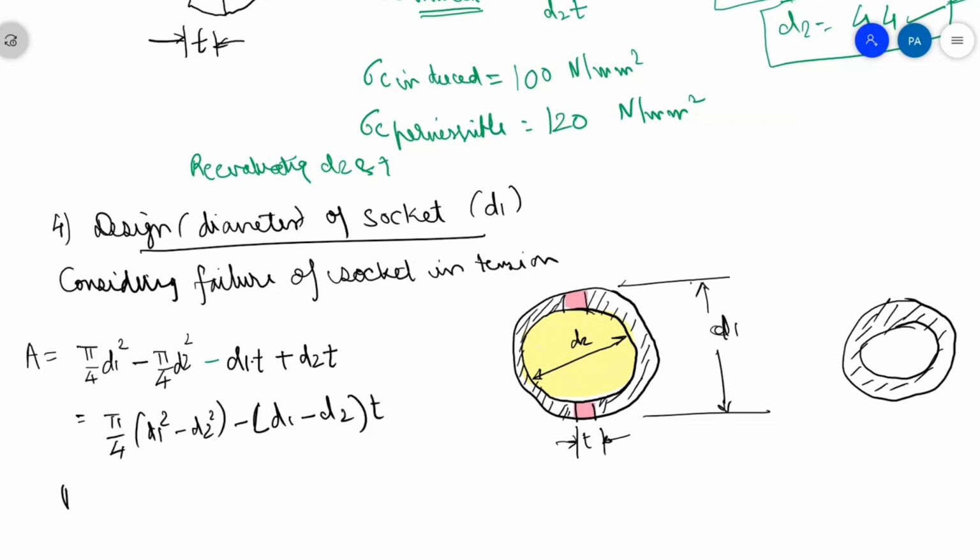So this is the entire area. So P equal to pi by 4 d1 square minus d2 square minus d1 minus d2 into t, entire thing into sigma t. And this will give us the value of d1 because all other values are known to us.